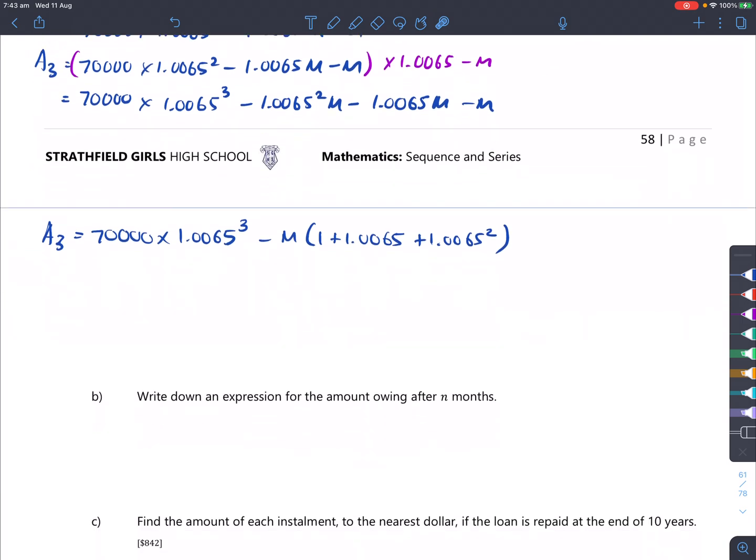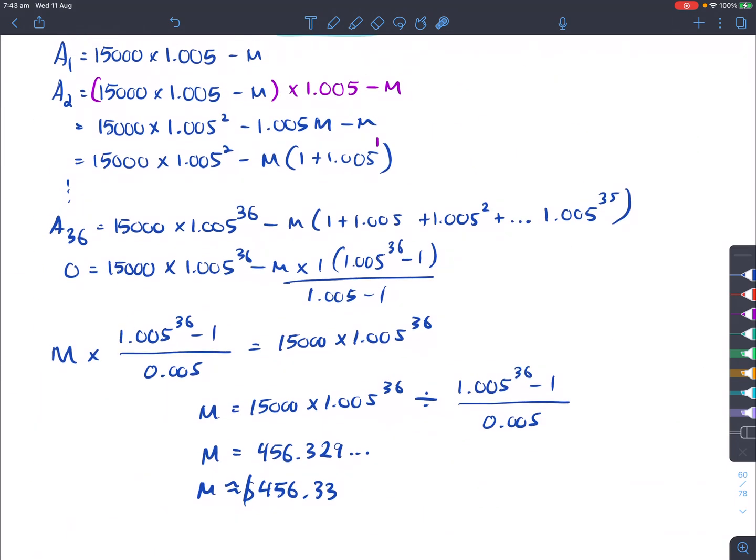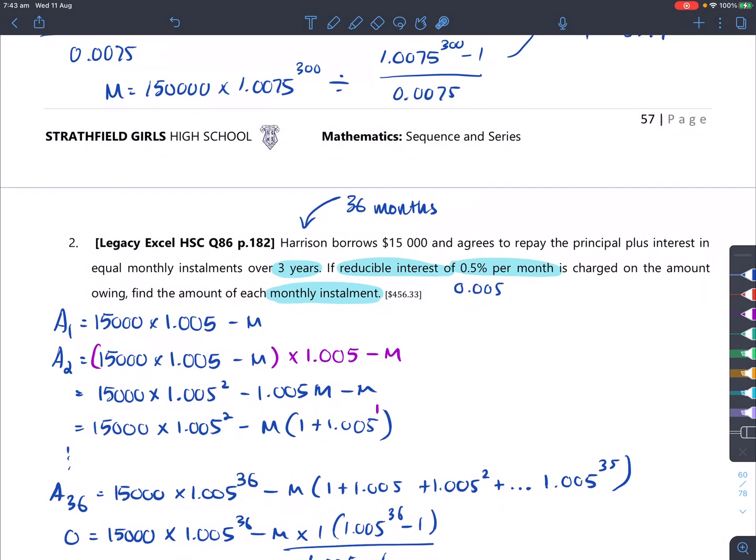Right. Question B. Write an expression for the amount owing after n months. So previously, in a question, we've always had some final value here. And the last question we had, I think, 300. Let me just have a look. No, we had 36. Okay? And that was because in the question they said they have to pay equal installments over 3 years.